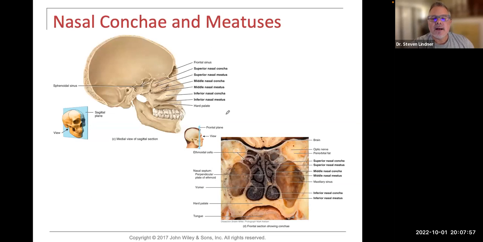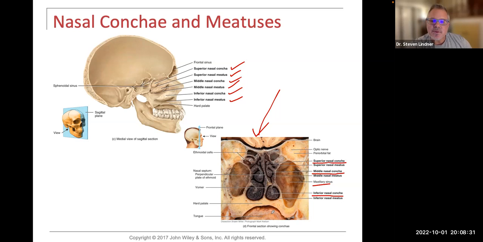Here from this view, we can see the superior nasal concha, the superior meatus, the middle concha, the middle meatus, and then the inferior concha and inferior meatus. Now, from this view, when you're looking at the person from the front, we could see the maxillary sinus, but here, this is the inferior nasal concha, the middle nasal concha, and the superior nasal concha.